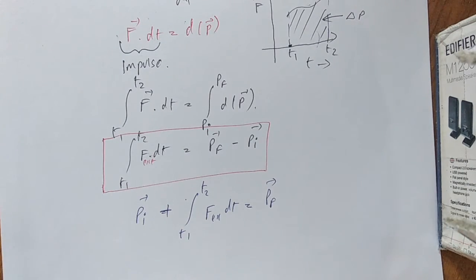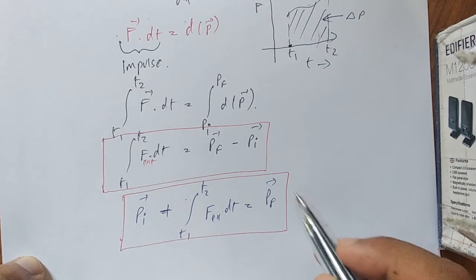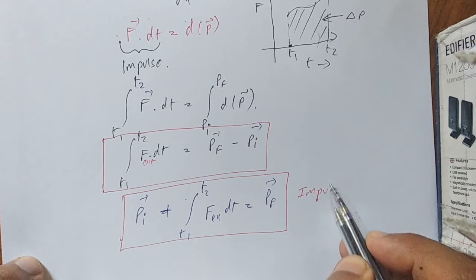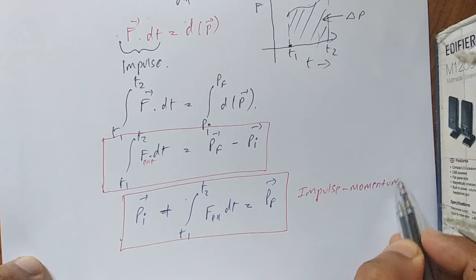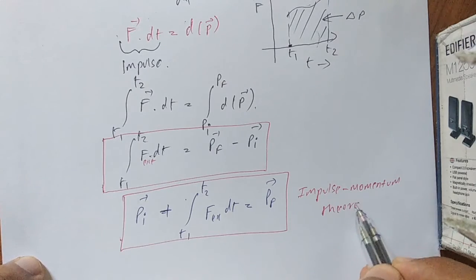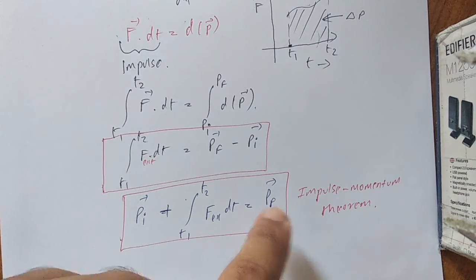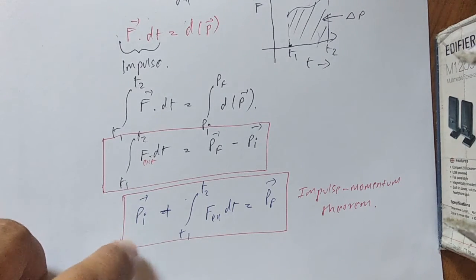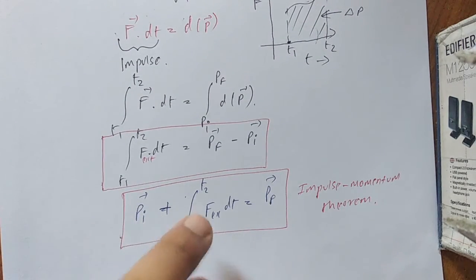So this equation is known as the impulse momentum theorem. The final momentum achieved by the object is nothing but the sum of the initial momentum of the object plus the impulse that is generated due to an external force.